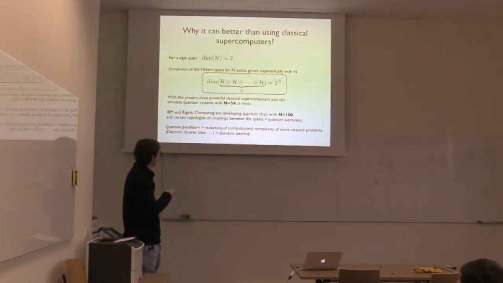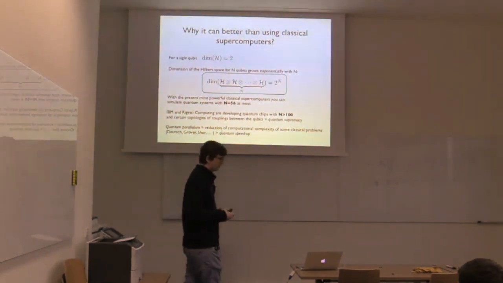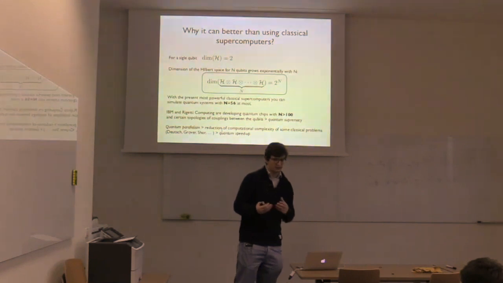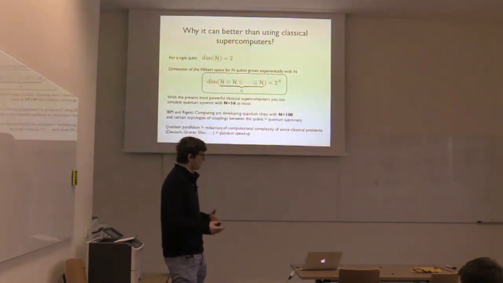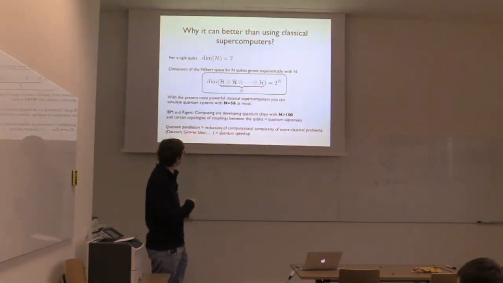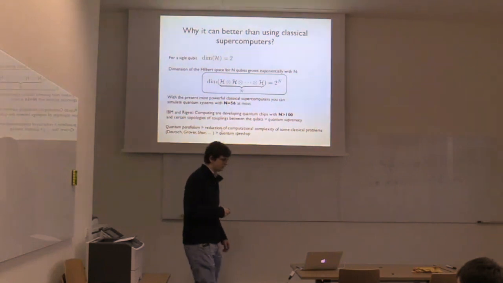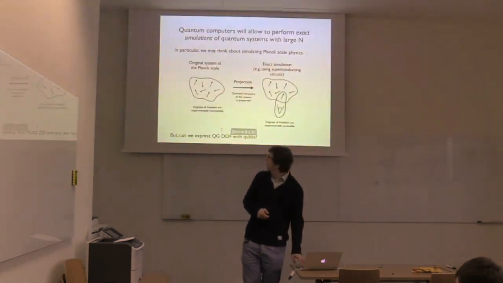And the reduction of computational complexity of the Deutsch, Grover, and Shor algorithms is based on that fact, okay? Therefore, the problems which are NP, non-polynomial, on classical computers, reduce in complexity to polynomial ones on the quantum machine. This is a very famous fact.